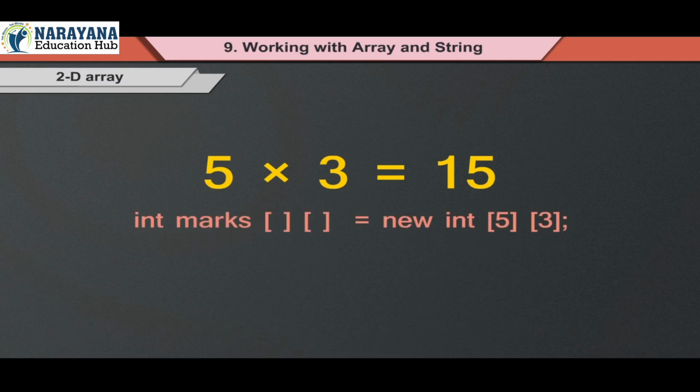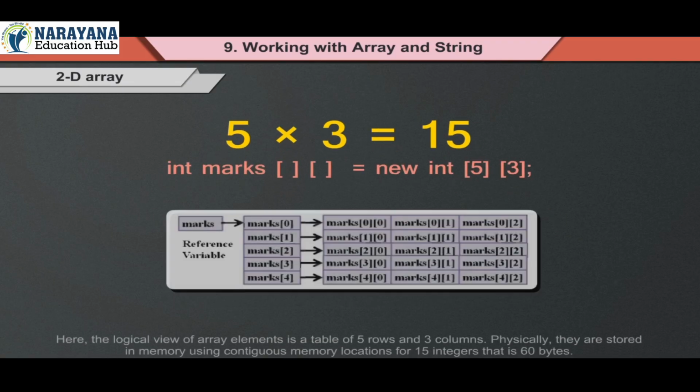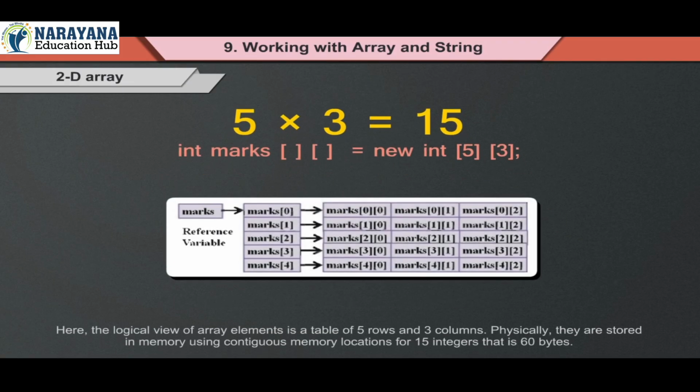int marks[][] = new int[5][3]; Here, the logical view of array elements is a table of 5 rows and 3 columns. Physically, they are stored in memory using contiguous memory locations for 15 integers, that is 60 bytes.